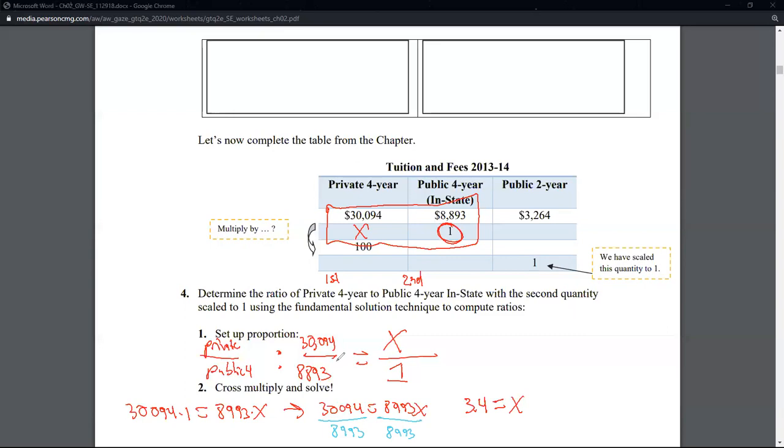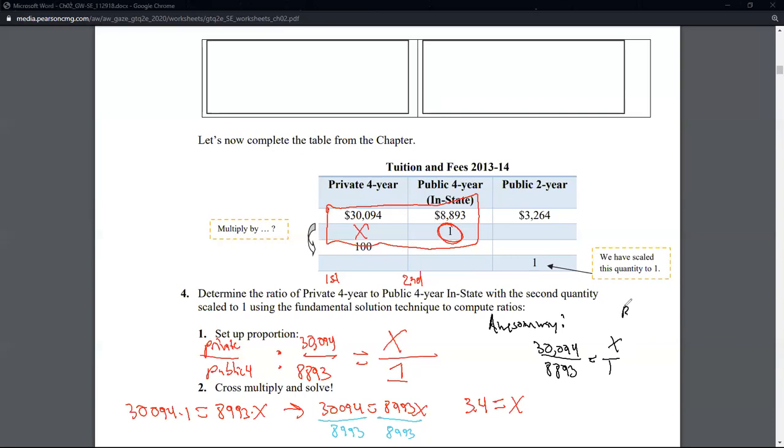So I mentioned that scaling the second quantity to 1 is awesome, and here's why. In black, I'm going to show you the awesome way. We had 30,094 over 8893 equals x over 1.